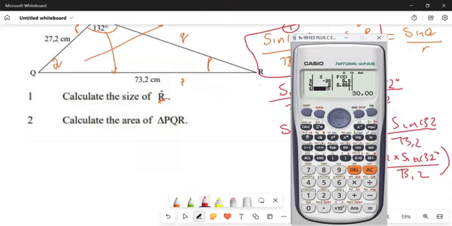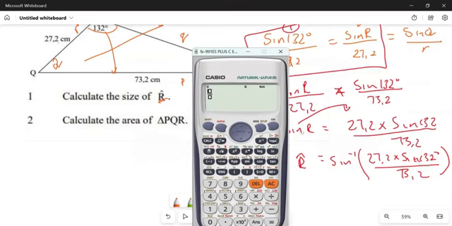Clear your calculator just in case. Every time you start to use your calculator, you clear it: press shift, 3, and then equals, and your calculator is cleared. From there onwards, shift sine arc. No, it's wrong. I need to say shift sine arc first, and then I put this inside a fraction.